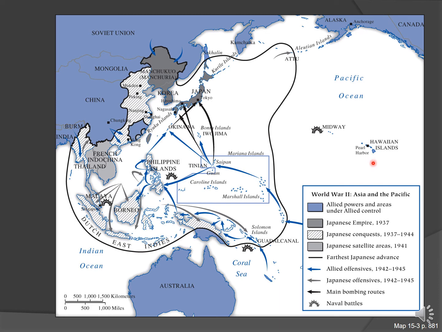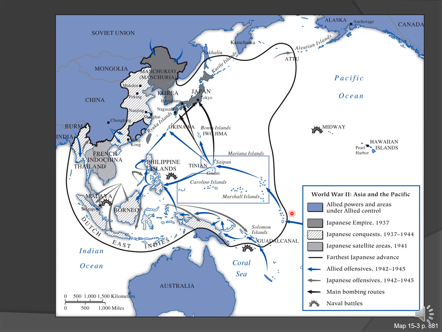So here we have a map again. So here's the Hawaiian Islands. There's Pearl Harbor. That's the one that's attacked in December of 1941. Then you have the Battle of Midway, June of 1942. So you'll notice here there's really sort of this two-pronged strategy. You've got American forces making their way up through Indonesia and eventually to Japan.